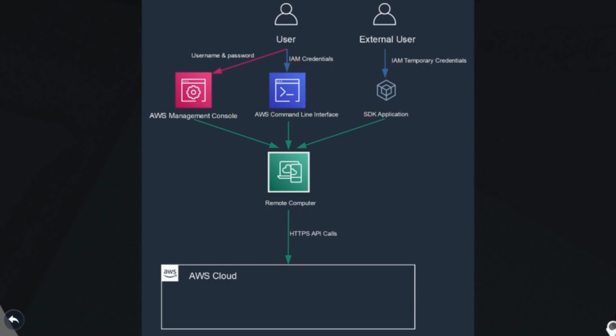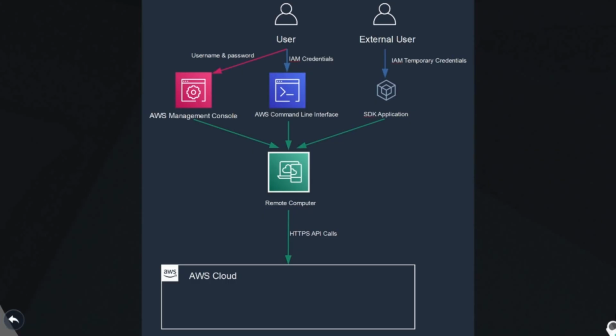The second option there is that we could have an IAM user download IAM credentials in the form of an access key and a secret to go with that access key. And so if that is presented to the AWS Command Line Interface application that is running on that remote computer, that will authenticate that IAM user, and that IAM user will then be able to issue Command Line Interface commands to the AWS cloud.